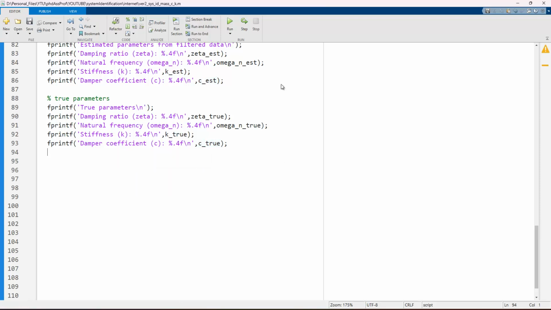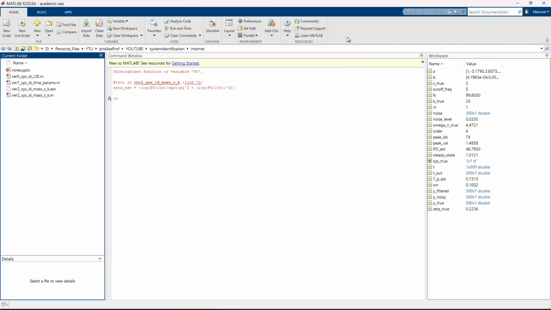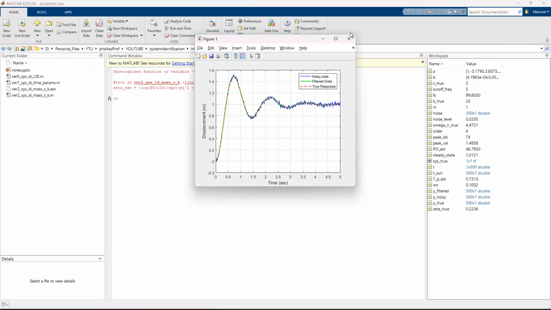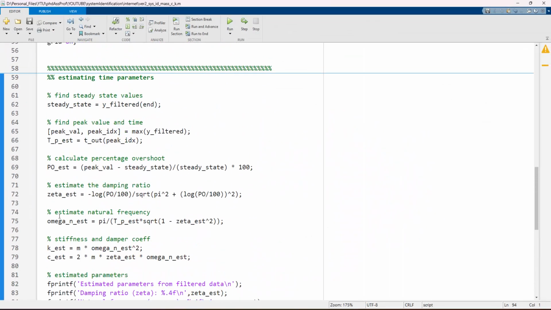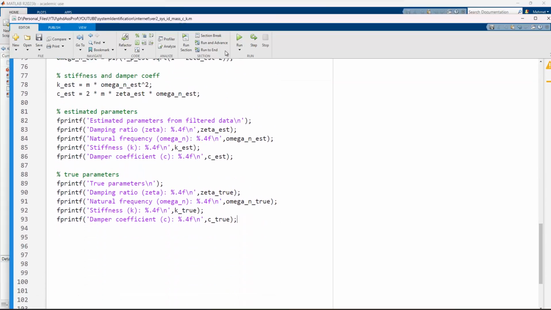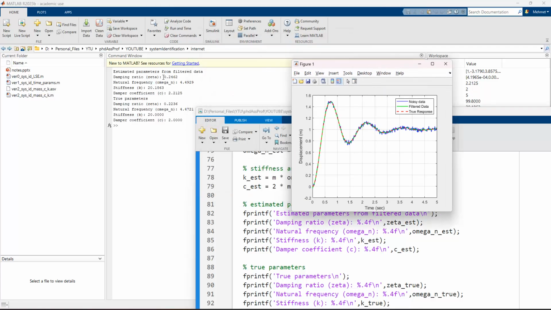Okay. So if I run this code, I'm sorry, the POS is not defined here, we have an error at the new line. I'm sorry, POS. Okay. And so if I rerun this code, we will have the damping ratio here 0.24 and the true parameter is 0.22, which is close.